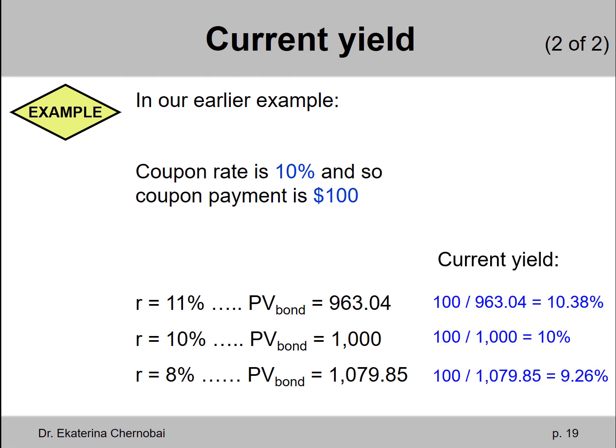So to calculate the current yield in those 3 similar scenarios, where the only difference was the yield to maturity, we take the $100 annual coupon payment and divide it separately by each of these 3 prices. And we get the current yield of 10.38%, 10%, and 9.26%.